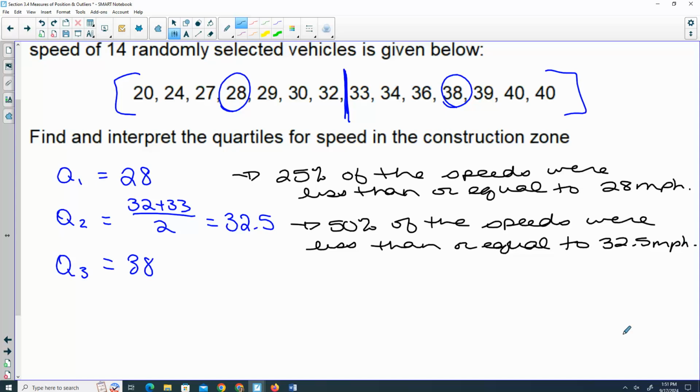And I'm not going to write the last one, but what would that last sentence mean? Yes, 75% of the speeds were less than or equal to 38 miles per hour. Or on the flip side, you could say 25% of the speeds were above 38 miles per hour. Different ways you could write that. All right. Are there questions on this?